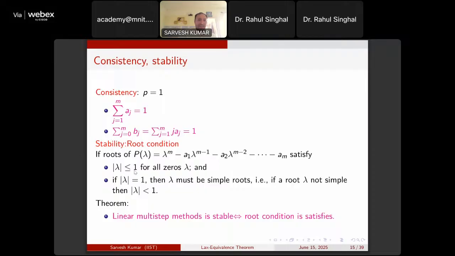If the modulus of lambda is less than or equal to 1 for all lambda, and if the modulus of lambda is 1, then lambda must be simple. It should not be repeated multiple times. Then this scheme is stable. There is a famous theorem: a linear multi-step method is stable if and only if the root condition is satisfied. So we could see the consistency and stability based on the numbers ai's and bi's which we have.